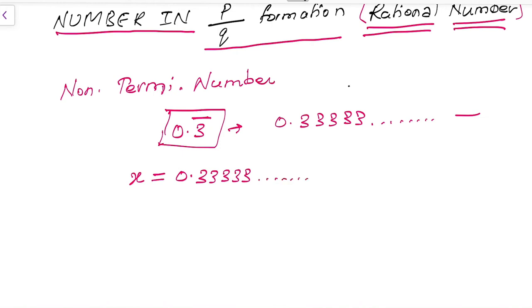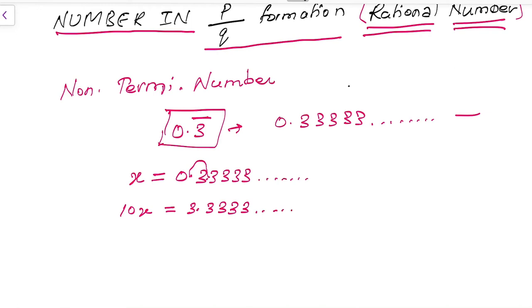Next we have to move the decimal, so we multiply x by 10, which becomes 10x, and it becomes 3.333 continuing till infinity.